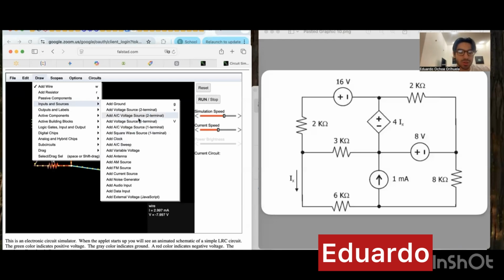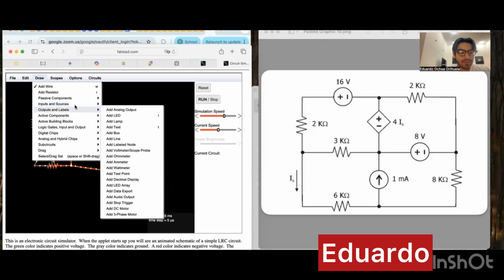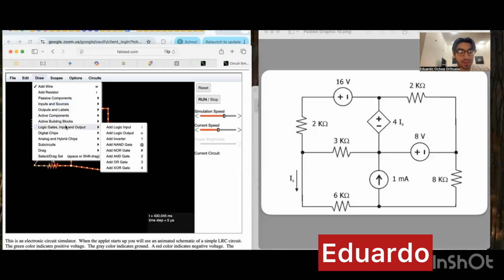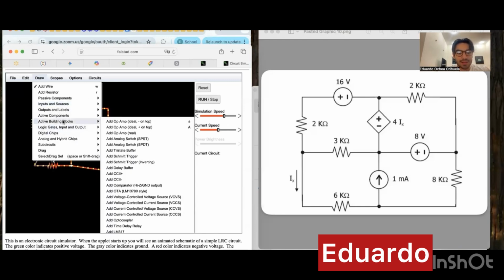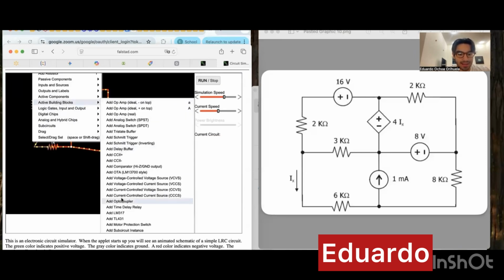Then we also have the current source, which is down here, 1 milliampere, and finally the dependent voltage source, which we find in active building blocks, down here as current controlled voltage source, because it's a voltage source that is being controlled by current.